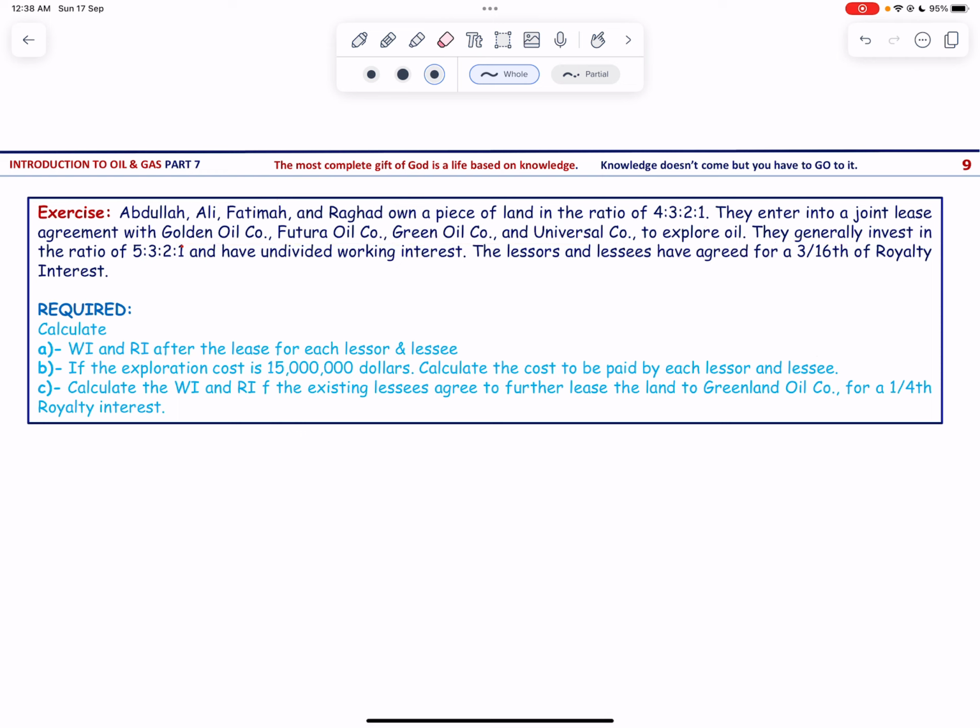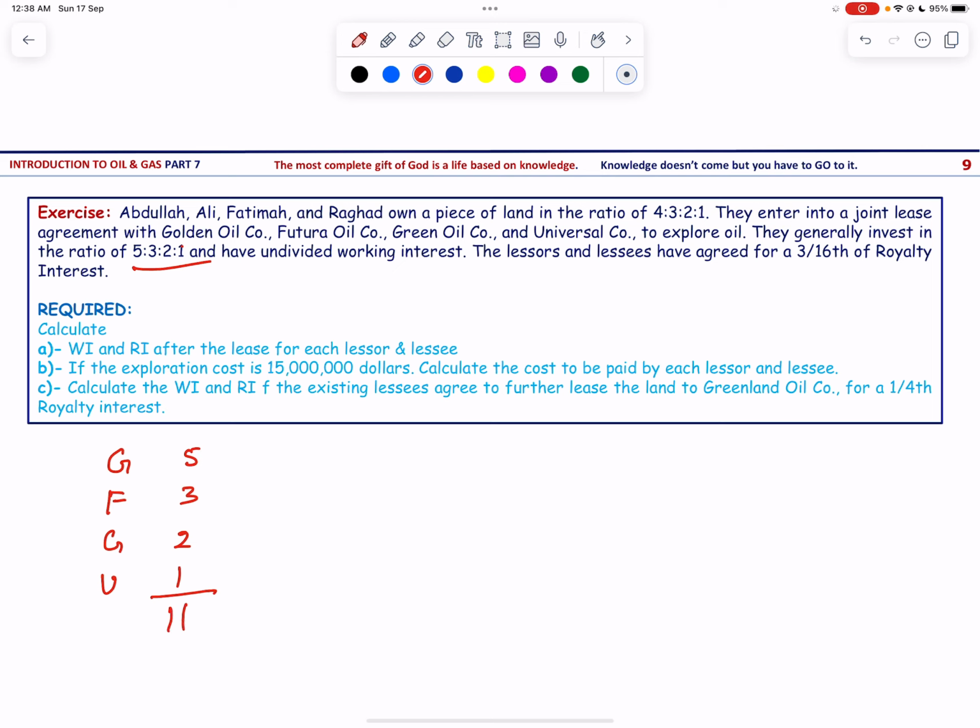So once again we have the companies, Golden Oil Company, Futura, Green, and Universal, and they are sharing in the ratio of 5, 3, 2 to 1. So the total is 11.